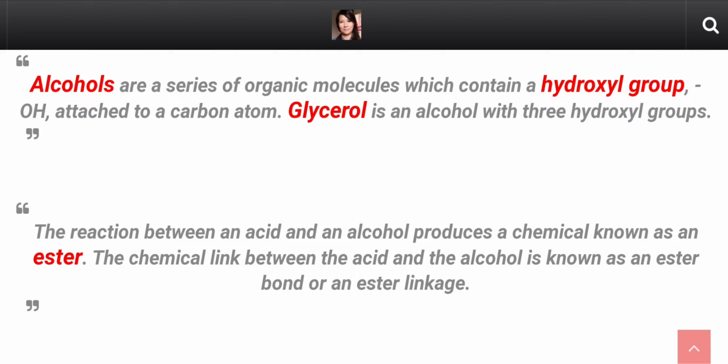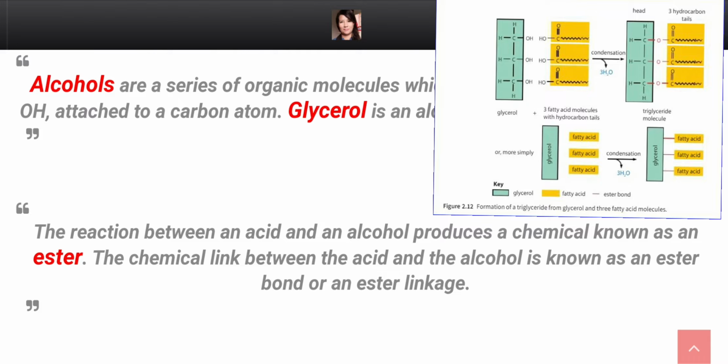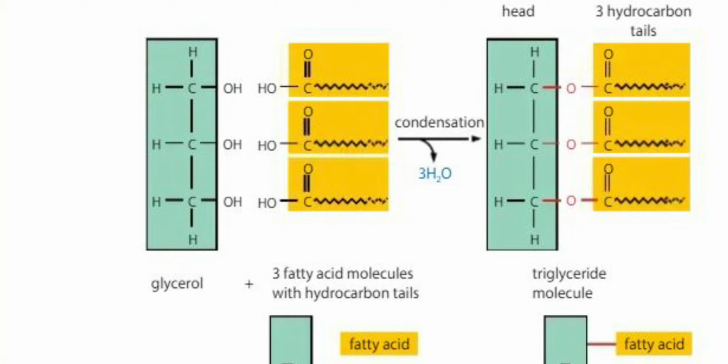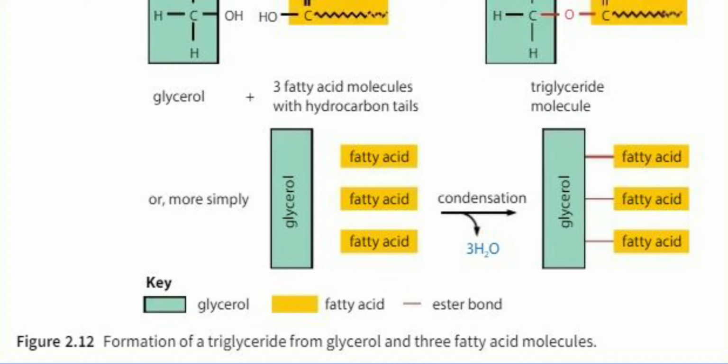The reaction between an acid and an alcohol produces a chemical known as an ester. The chemical link between the acid and the alcohol is known as an ester bond or ester linkage. The carboxylic group on the acid reacts with the hydroxyl group on the alcohol to form the ester bond.